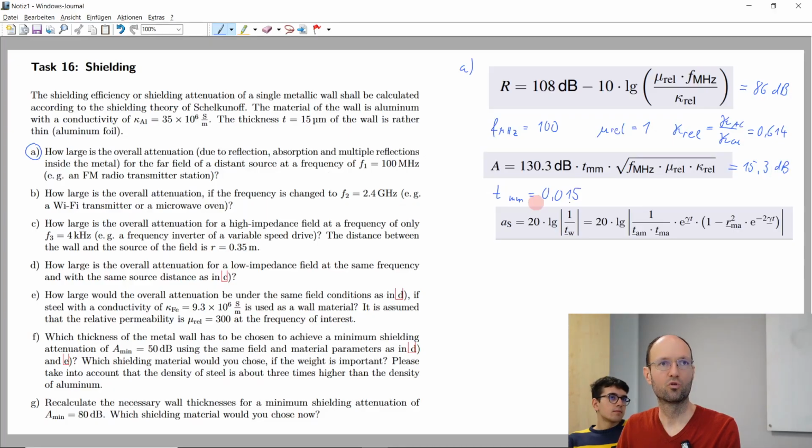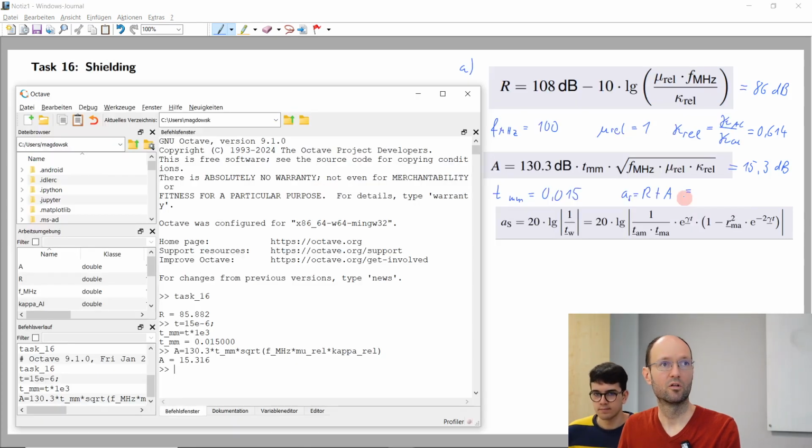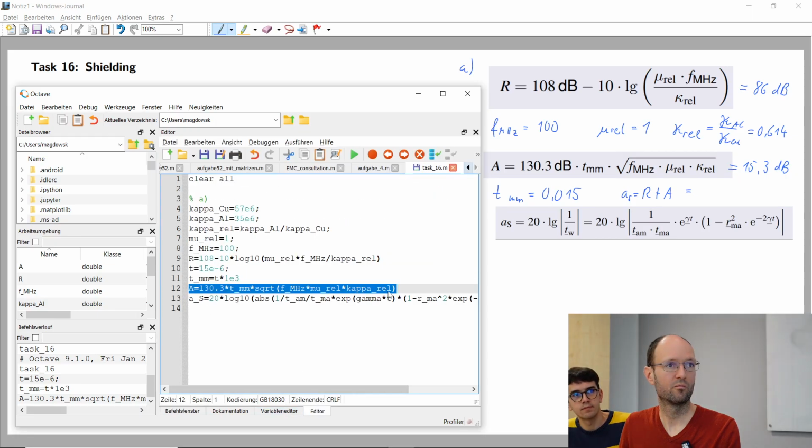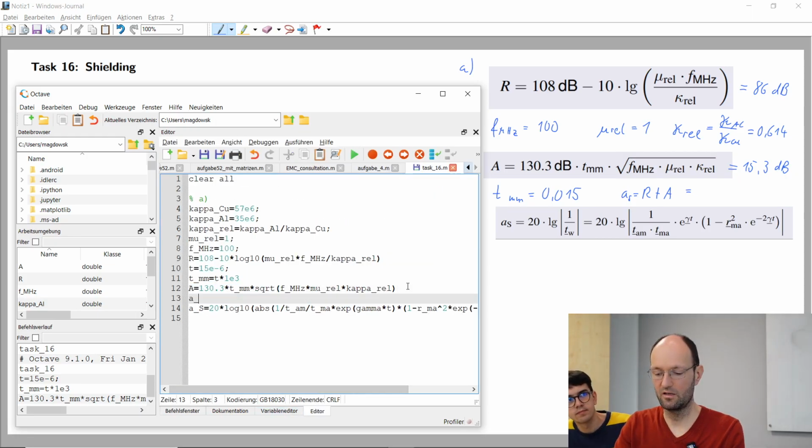So our total shielding efficiency is R plus A. R plus A should be roughly a little more than 100 dB.